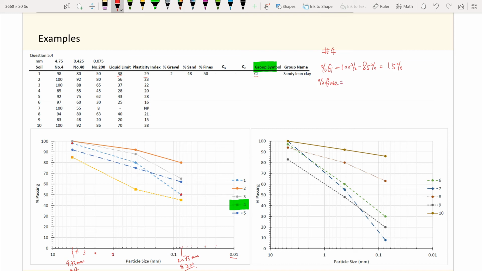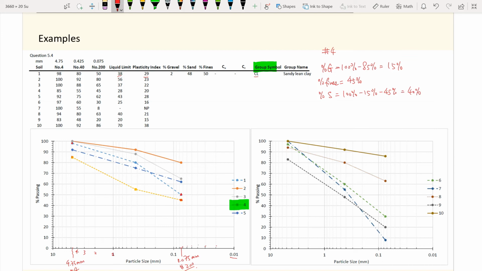That is the percent passing number 200, which is this point here, about 45%. And then the percent sand equals 100% minus percent gravel minus percent fines, which gives me 40%.